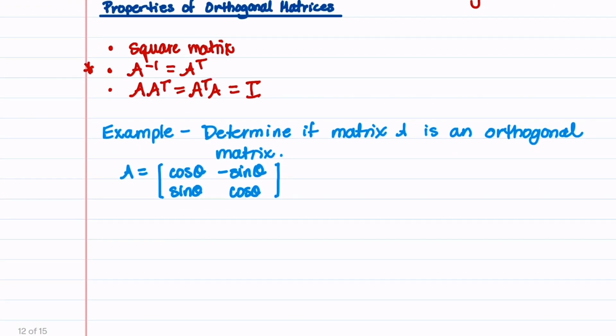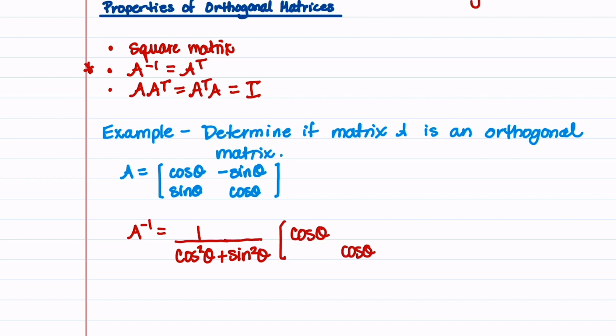In this example, we're given a matrix A and we were asked to find if it's an orthogonal matrix. Let's compute A inverse. So A inverse is 1 divided by the determinant of A, so this is cosine squared theta plus sine squared theta. And we multiply that by cosine theta.